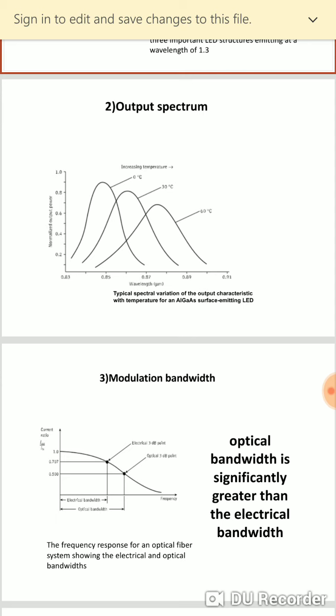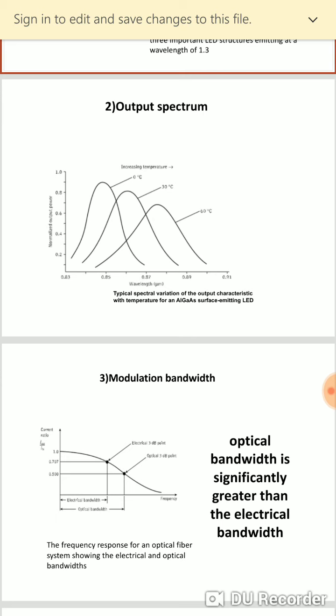First we will understand the concept of output spectrum. In the case of electrical signals, for any signal on the y-axis we take voltage and on the x-axis we take time, because there the frequency is the main parameter.